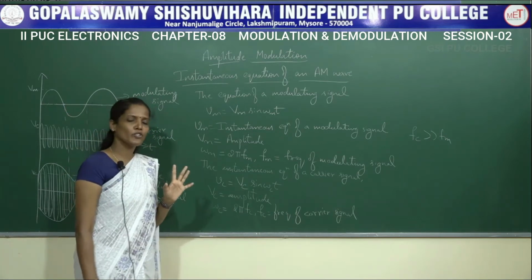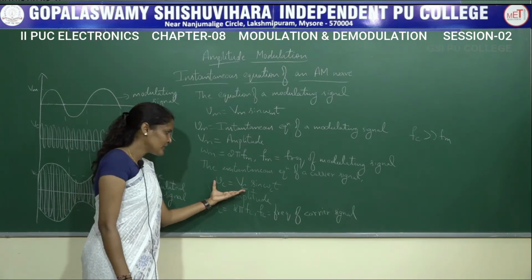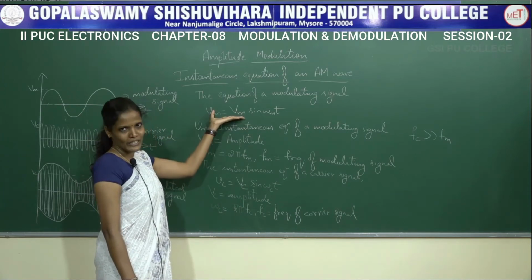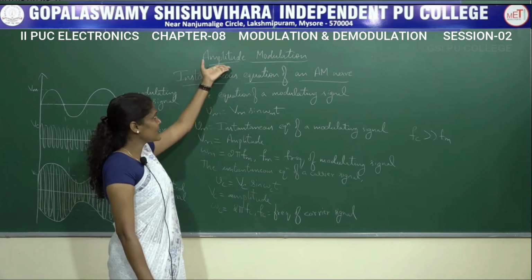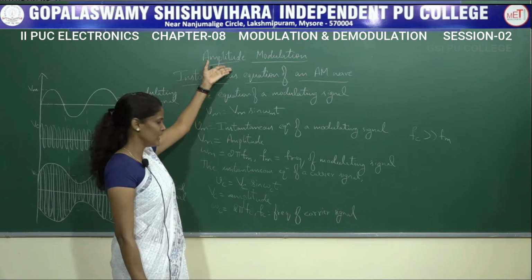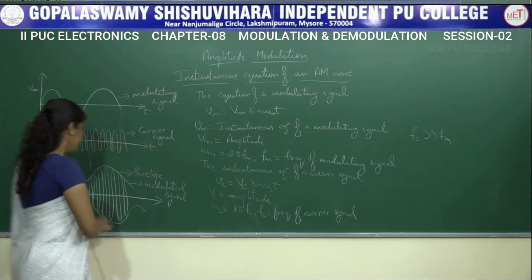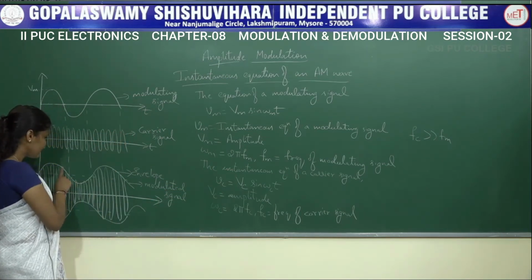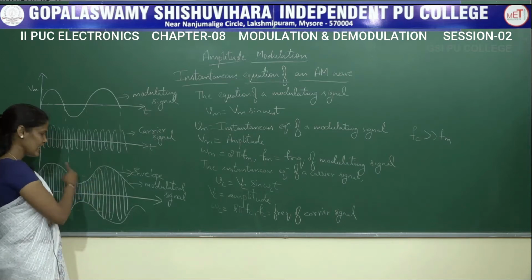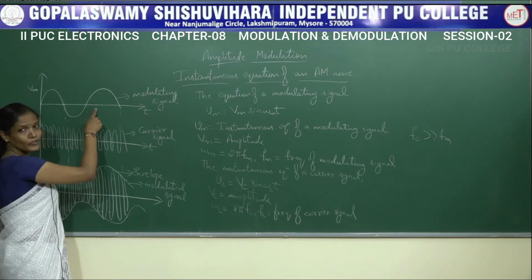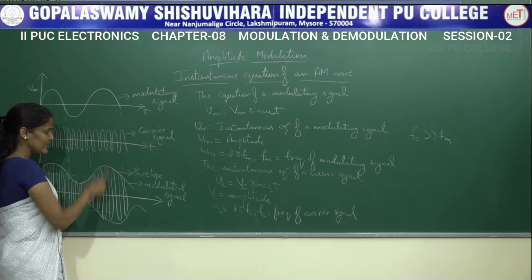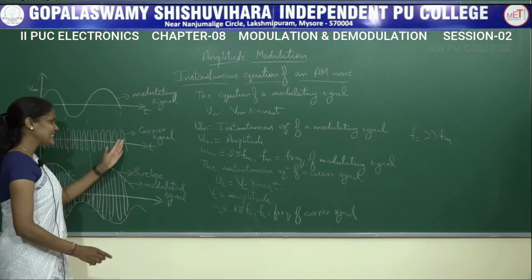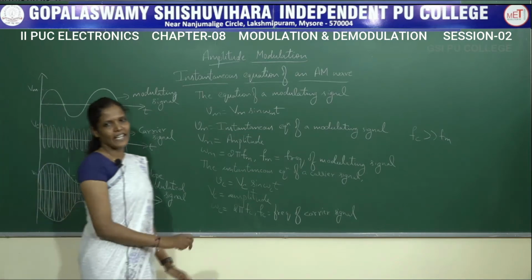After the process of modulation, the amplitude of this carrier signal will vary in accordance with the amplitude of this modulating signal, and that is why it is named amplitude modulation. Initially it is Vc, but after the modulation process the amplitude of the carrier signal varies depending upon the amplitude of this modulating signal, but the frequency of these two signals is same. The frequency of a modulated signal is the same as the frequency of a carrier signal.